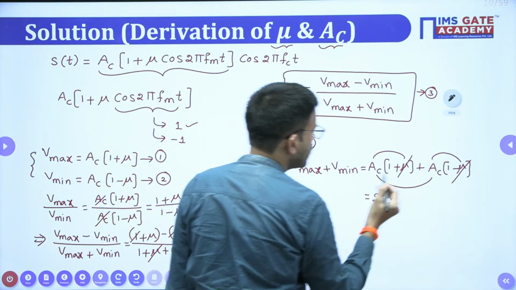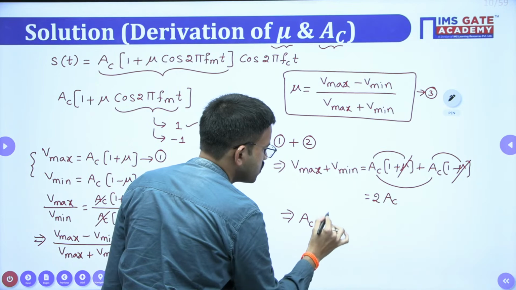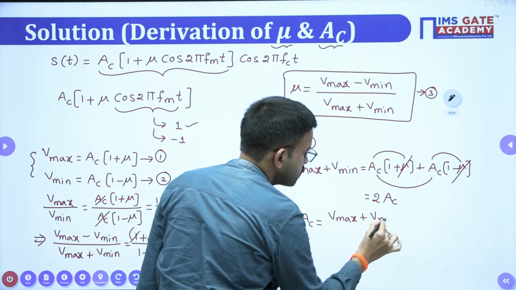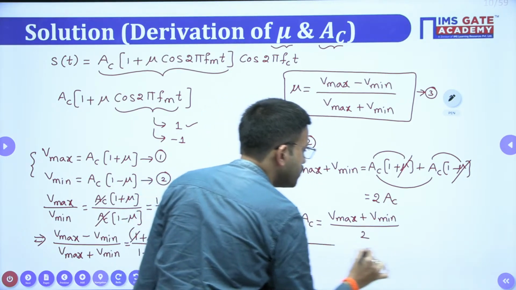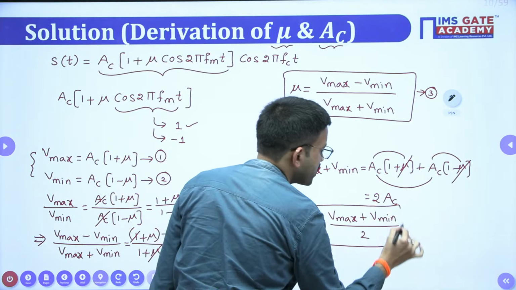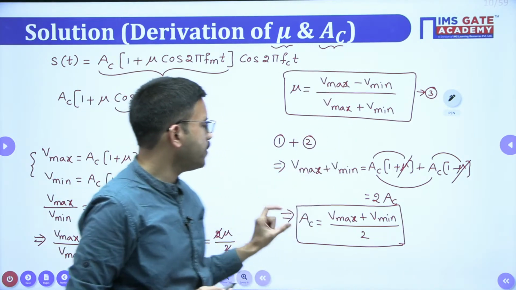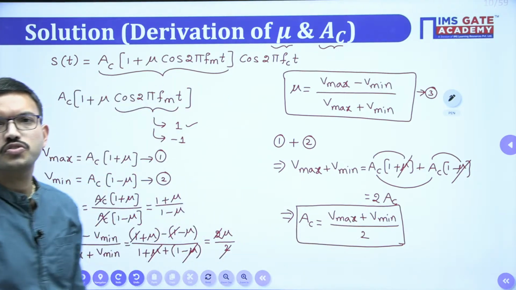If you rearrange this, you will get AC equal to Vmax plus Vmin divided by 2. So directly you can remember these two formulas. Regarding modulation index, Vmax minus Vmin by Vmax plus Vmin. Regarding AC, it is nothing but the average of those two. That's all.